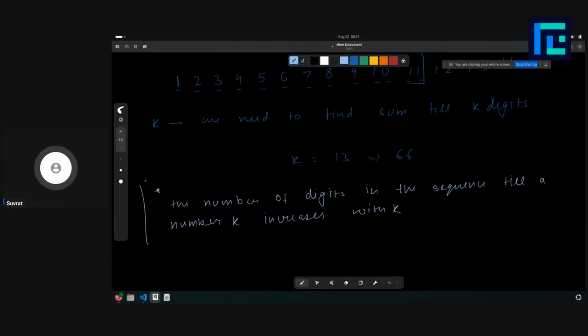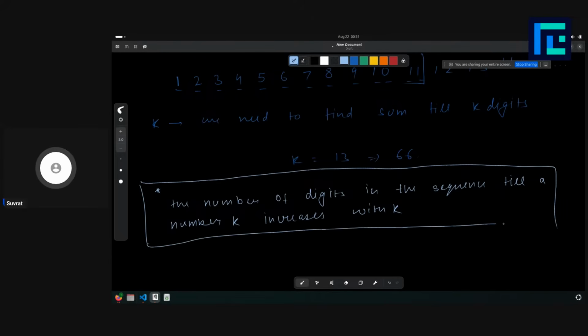Basically, a very simple observation. I'm saying that the number of digits increases with x. I'm using x since k would be confusing with the input k. Till some number x, the number of digits in this array would increase with x.